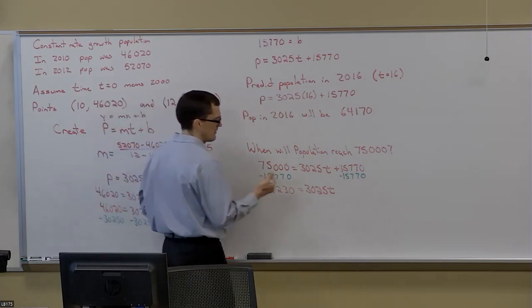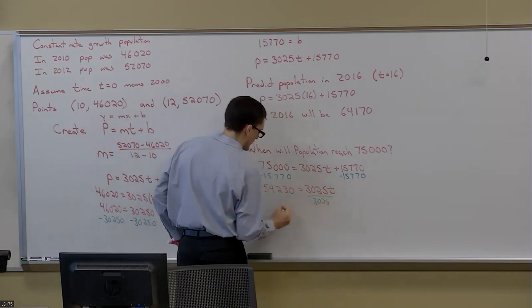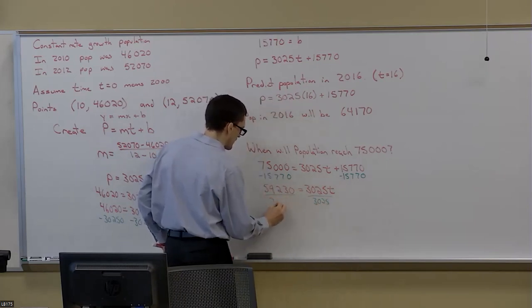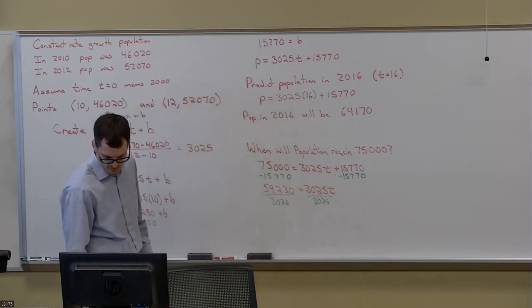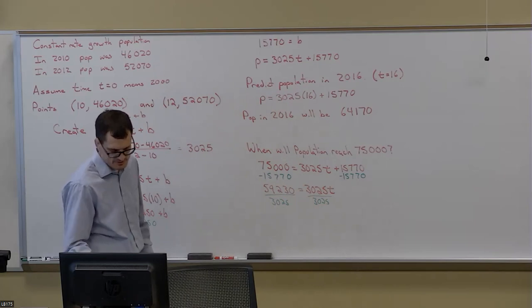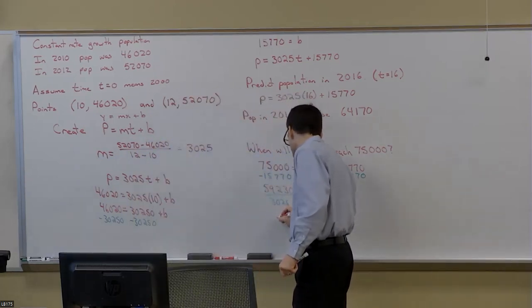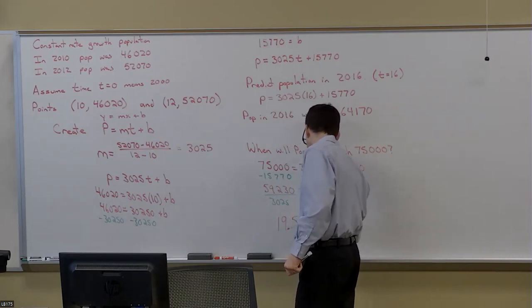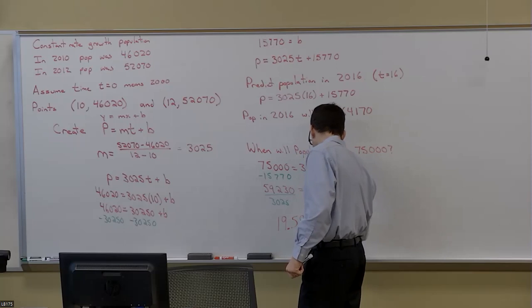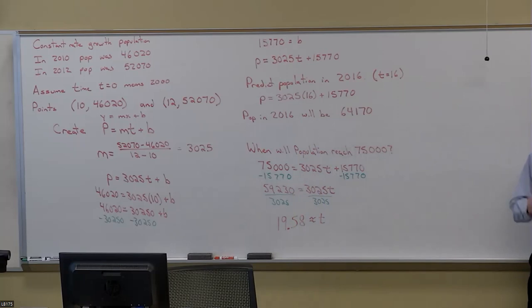Divide both sides by 3,025. And I got about 19.58. So T is about 19.58.